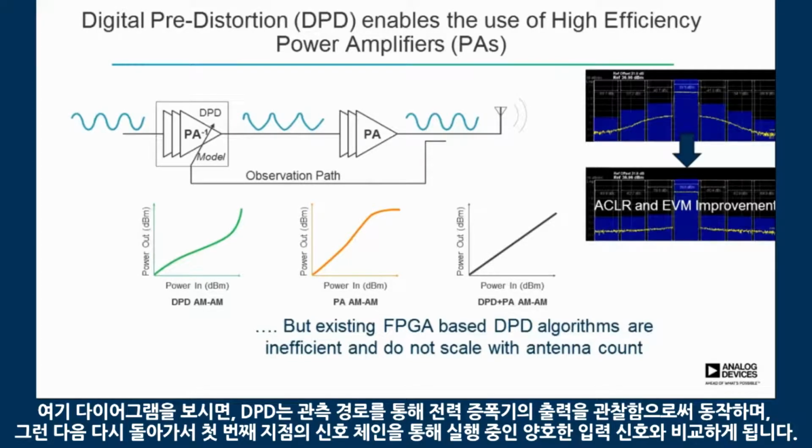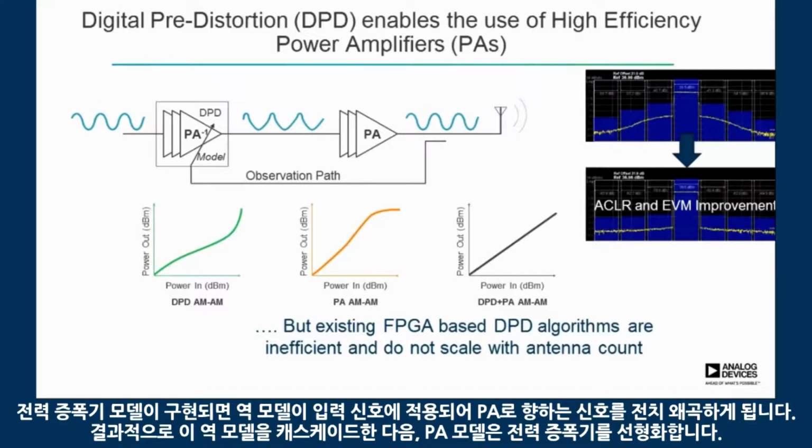So in the diagram here, digital pre-distortion, or DPD, works by observing the output of the power amplifier via the observation path, as indicated in the diagram, and then that's taken back down and compared to the known good input signal that's running through the signal chain in the first place.